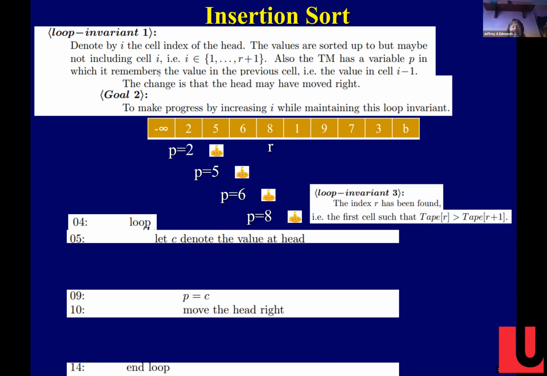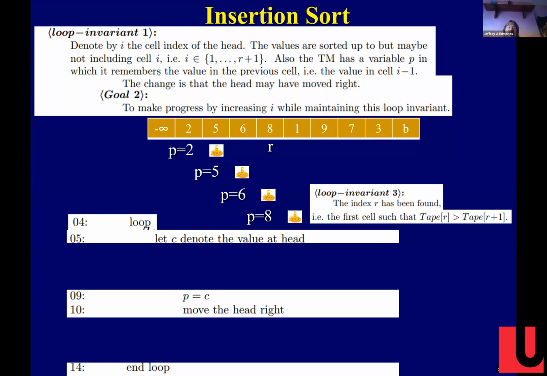So let's look at that. Here's the code. What do we need? Loop invariant 3 is going to be down here later, but we need to say that we have found R. The definition of R is the last place it's sorted.